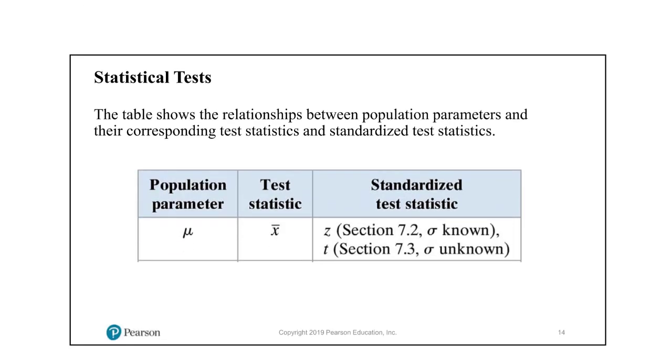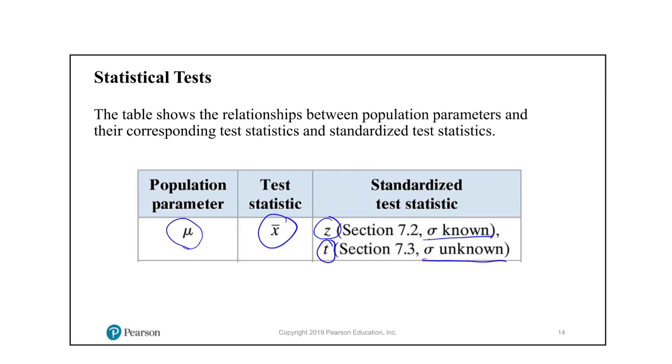So again, if we're looking at the population parameter mu, and we're using x bar as our test statistic, we're going to use the normal z if sigma, the population standard deviation, is known, or t if sigma is unknown.